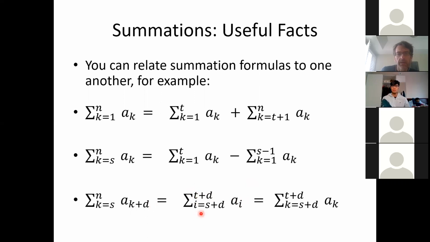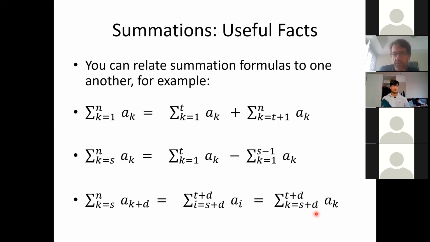You know, I explicitly have this intermediate variable i, but you can jump from here to here straight away, because it's just a variable change. It's a renaming of the variable.